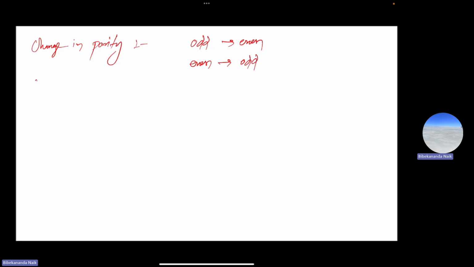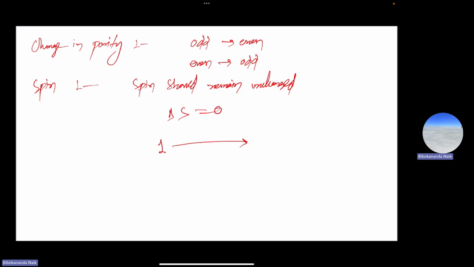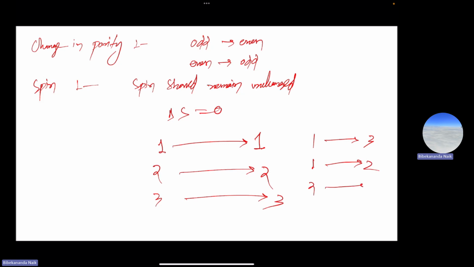And then talk about spin. Spin should remain unchanged, that is delta S is 0. So triplet to singlet transition, doublet to doublet transition, or triplet to triplet transition is allowed, but singlet to triplet, singlet to doublet, or doublet to triplet transitions are not allowed.